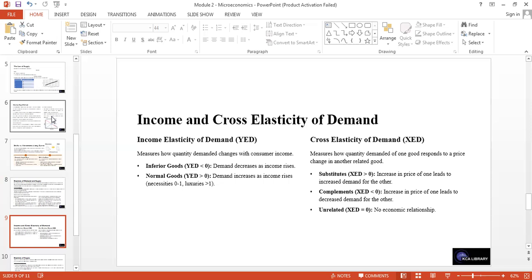For the substitute, an increase in price of one leads to increased demand for the other. For the complement, an increase in price of one leads to a decrease in the demand for the other. And for the unrelated, there is no economic relationship.